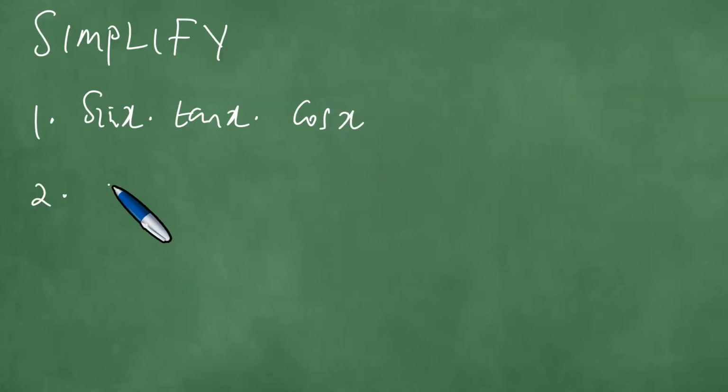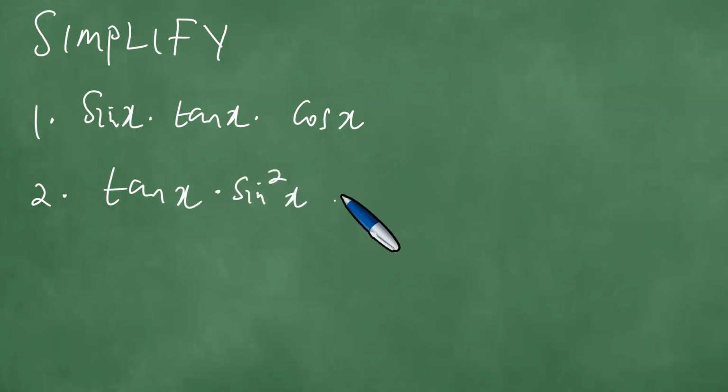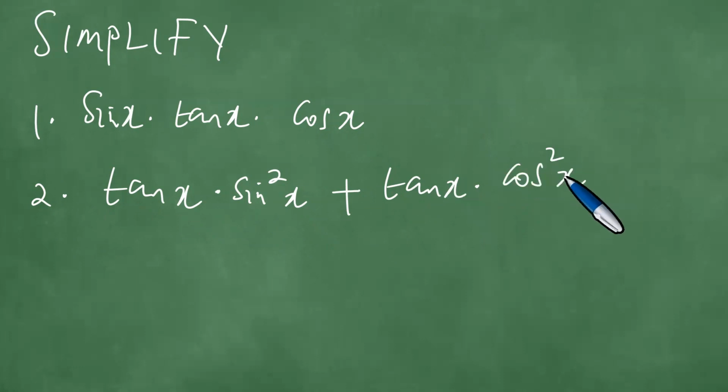Number 2: tan x times sine squared of x plus tan x times cosine squared of x.